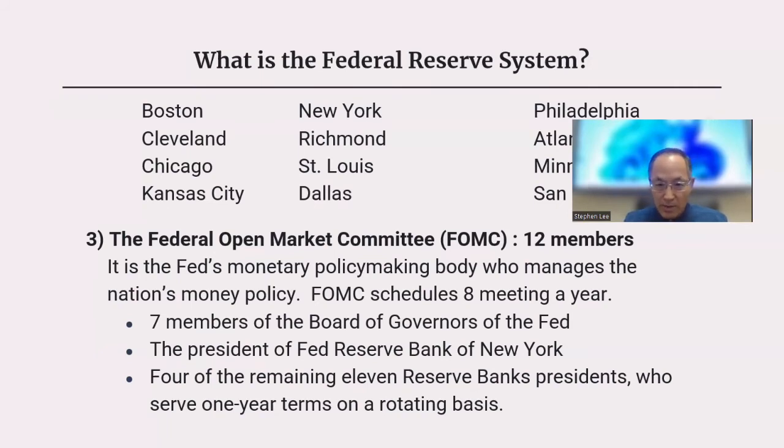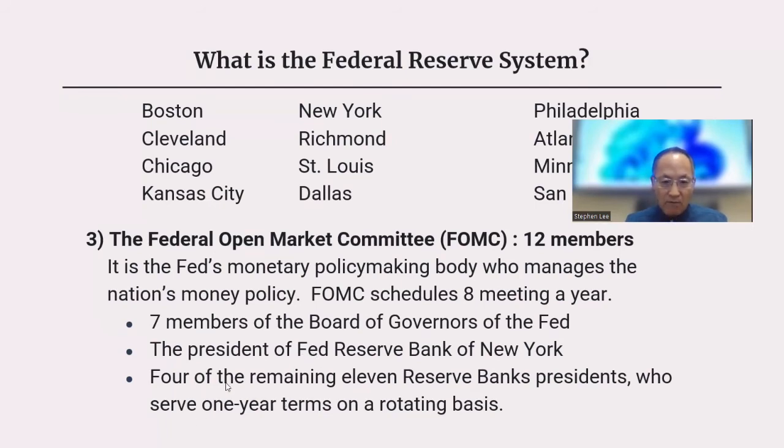Okay, so how do these 12 members consist? The 7 members of the Board of Governors of the Fed. Remember, the Board of Governors has 7 members in total. They are automatic members of this FOMC. Then plus the president of the Federal Reserve Bank of New York. Wow, among 12 different central banks, the New York Bank president is a member of the FOMC, just one guy.